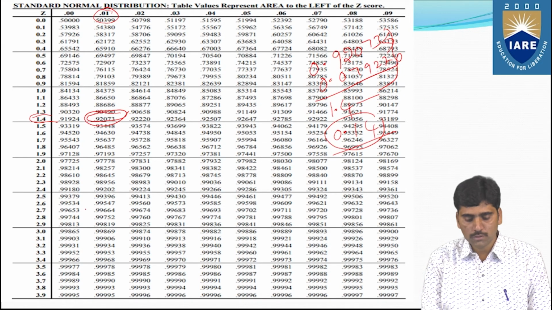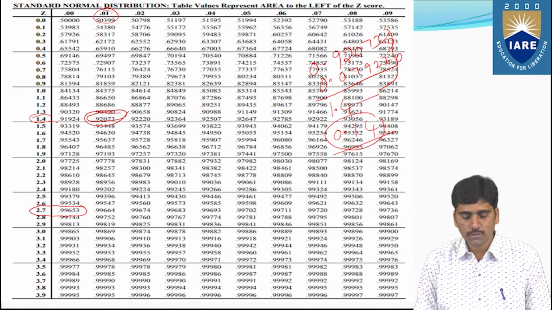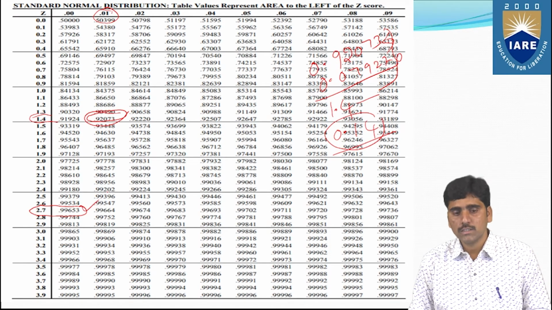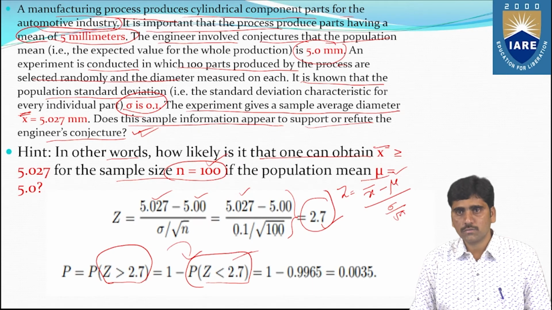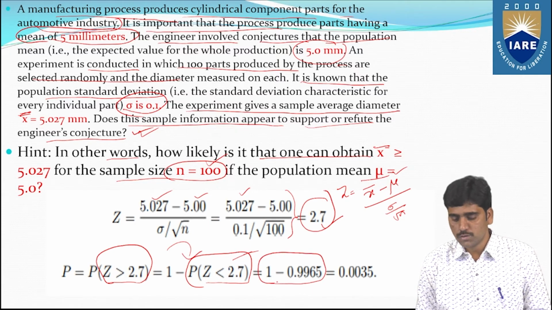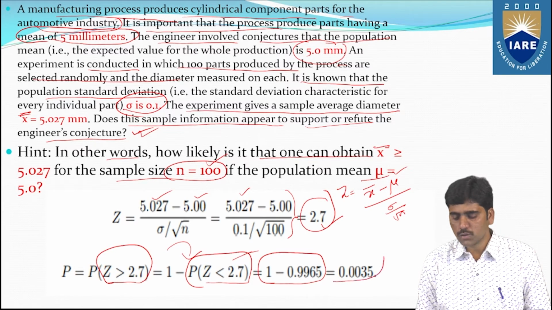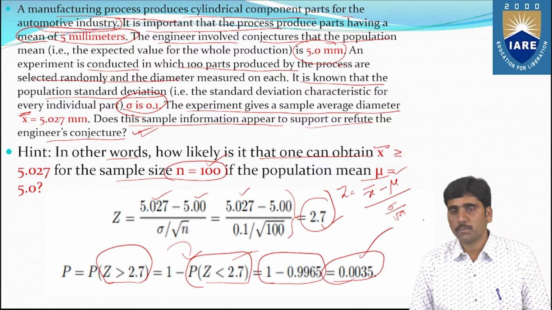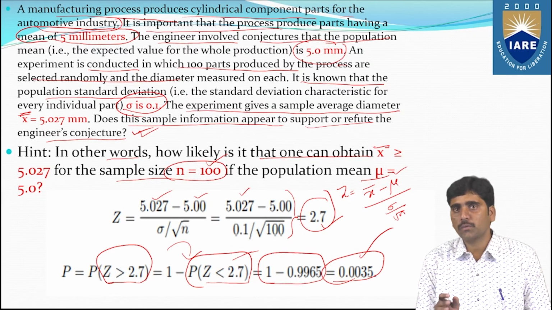The 2.7 range is 0.99653. So we write 1 minus 0.99653, and the value is 0.0035.